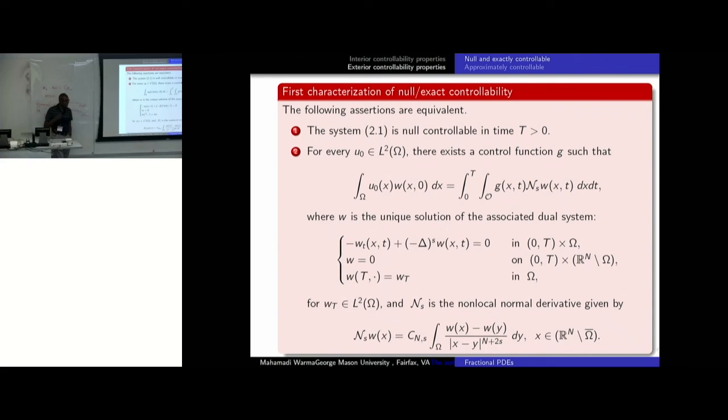If you take an exterior control, in your characterization it's called the nonlocal normal derivative of the solution of the adjoint equation. Okay, then Wt, the final datum, is in L2, and remember that the nonlocal normal derivative is defined by that, which means it lives outside omega.